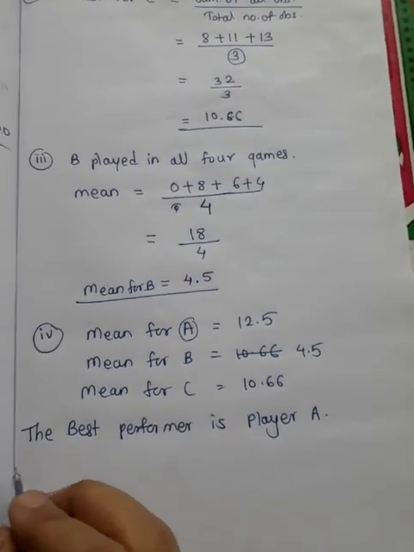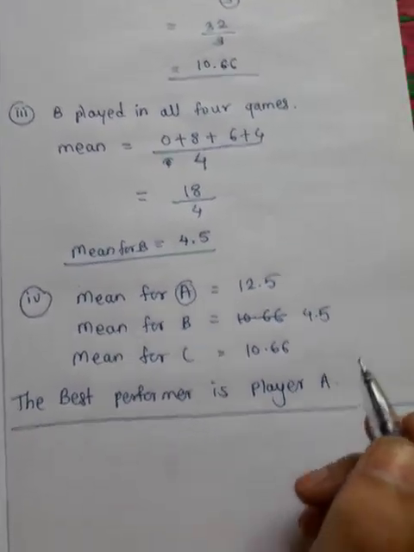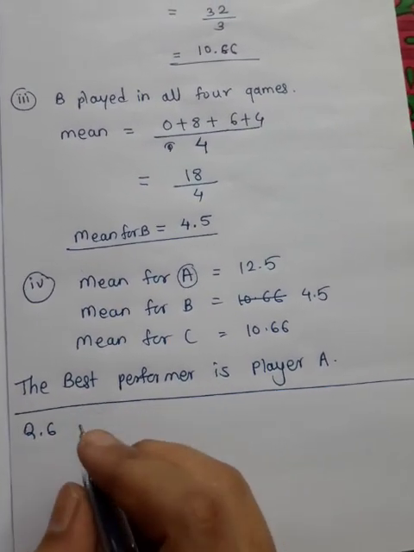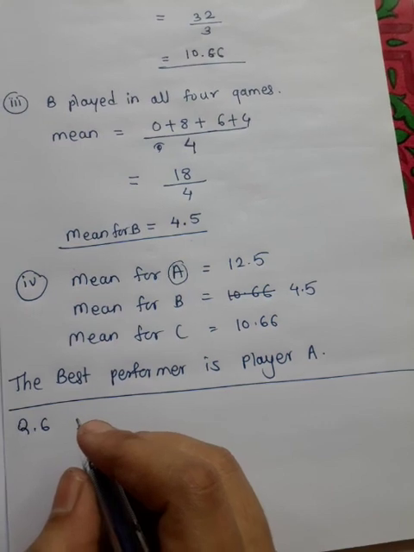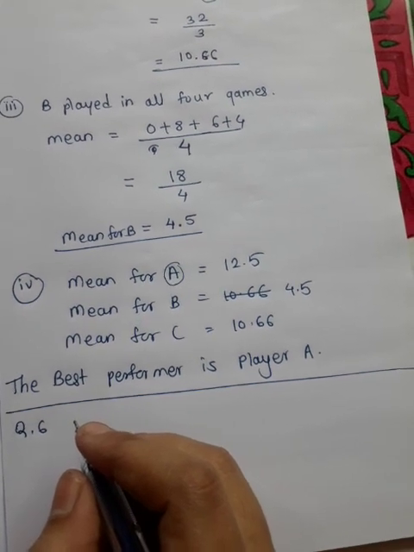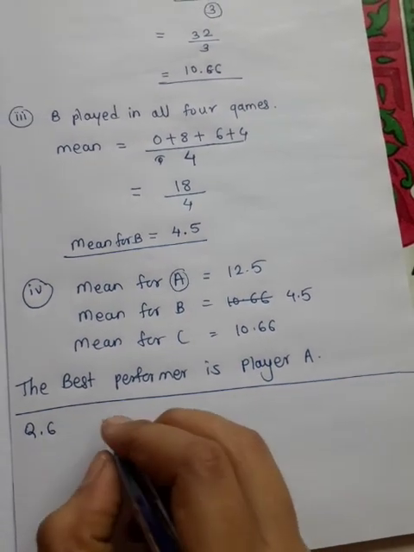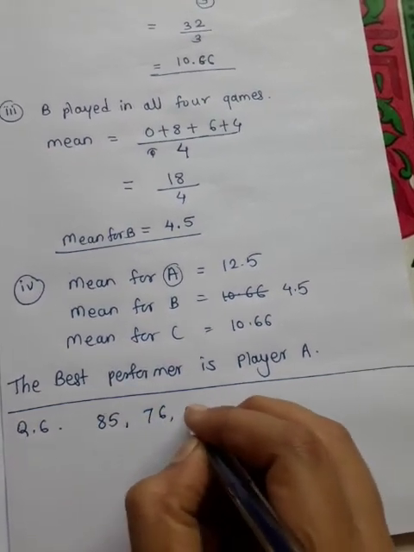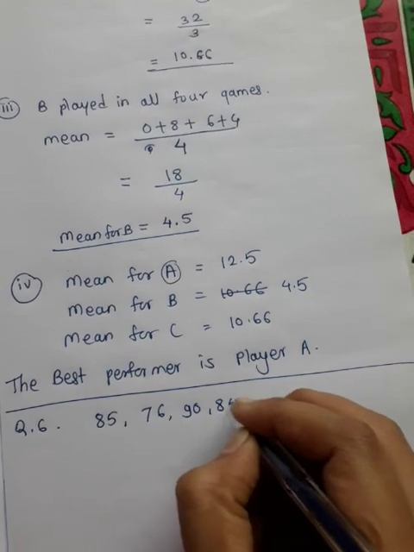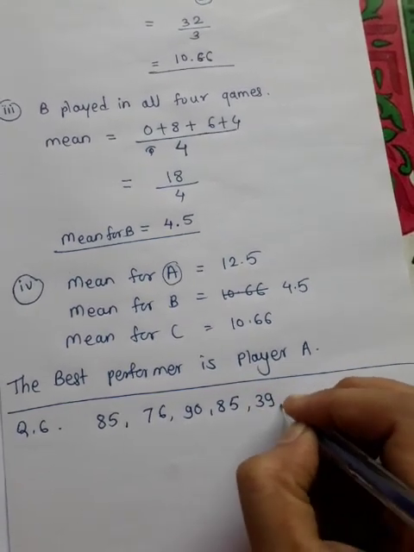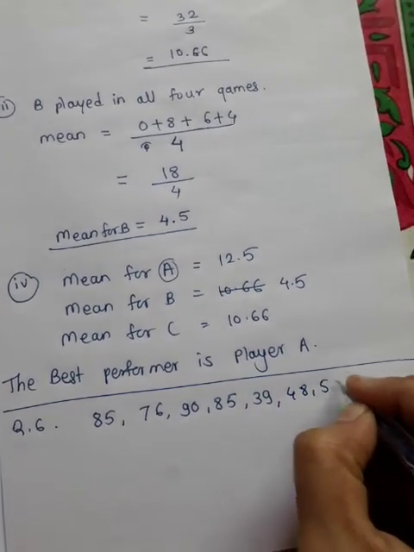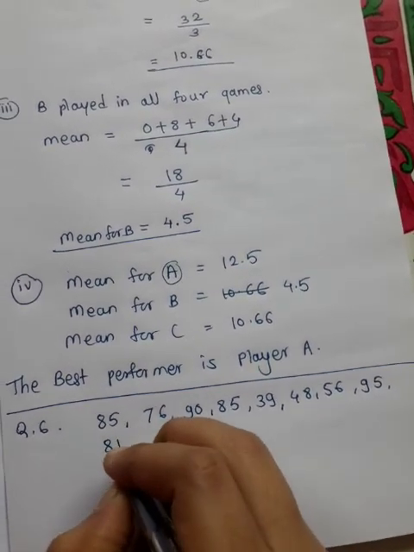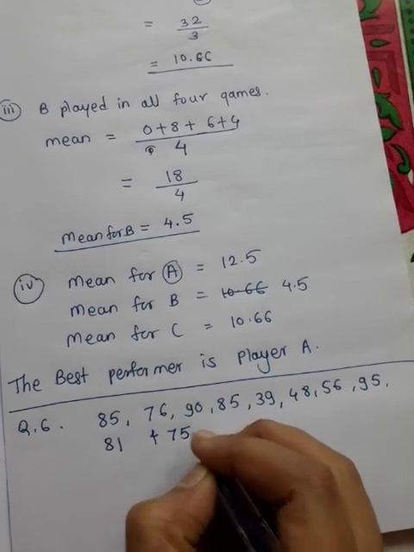Now we will solve question number 6. Let's see what the question is. In question number 6, they have given the marks out of 100 obtained by a group of students in a science test, and the marks are 85, 76, 90, 85, 39, 48, 56, 95, 81 and 75.